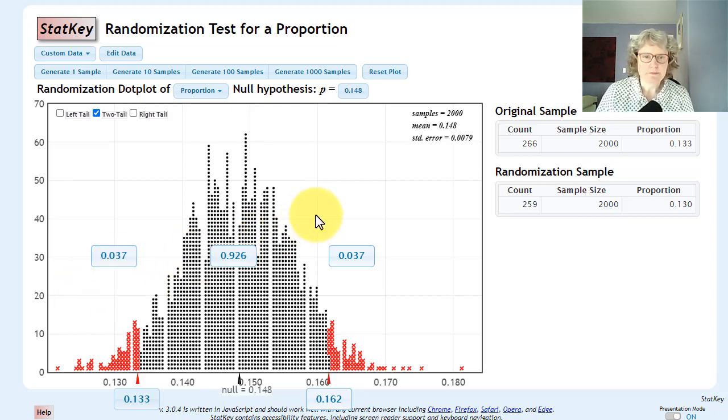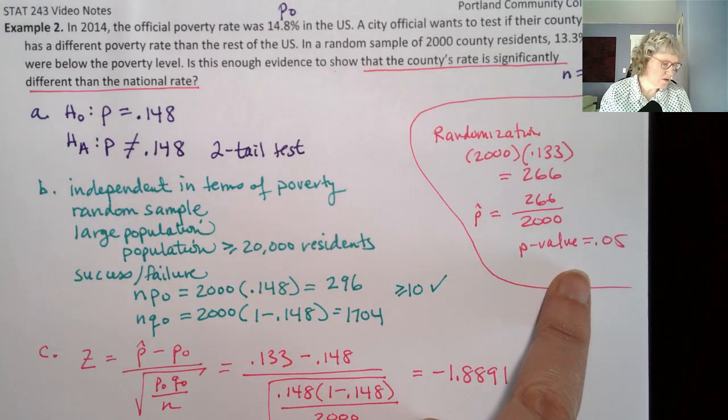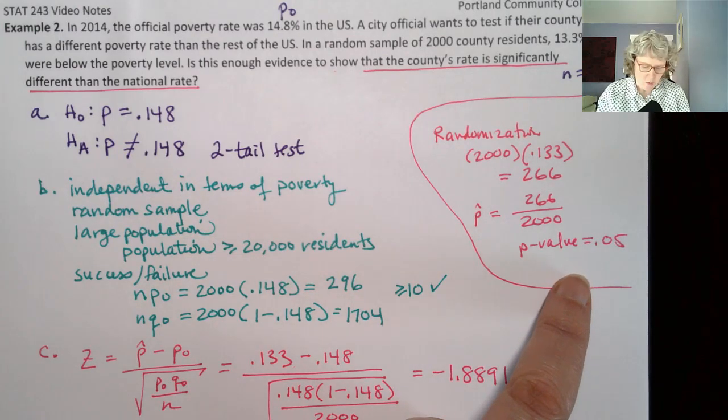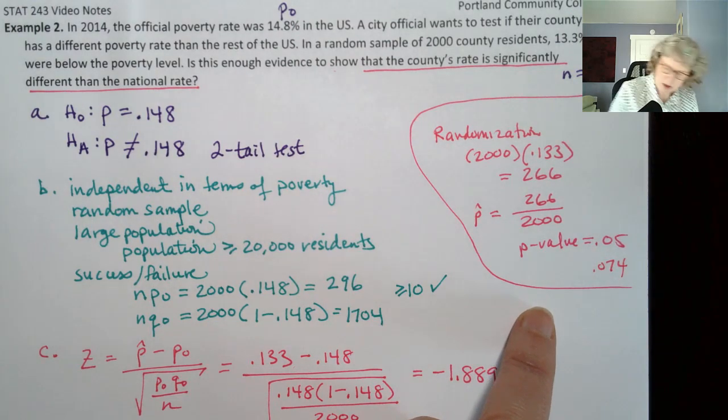So this is right, one simulation could reject, one could not reject. So this is probably one where further study would be needed, right? Especially if it's really borderline. Okay, so let's go back to the notes. So I got a p-value of 0.05 that one time, but then I also got 0.074.